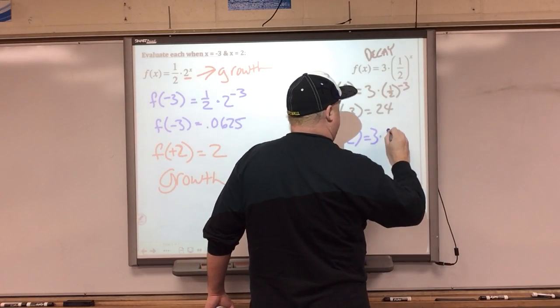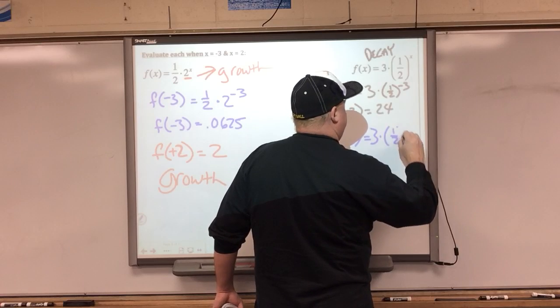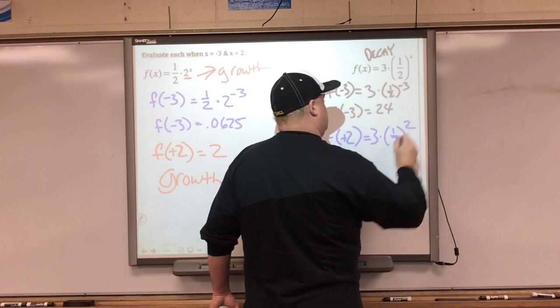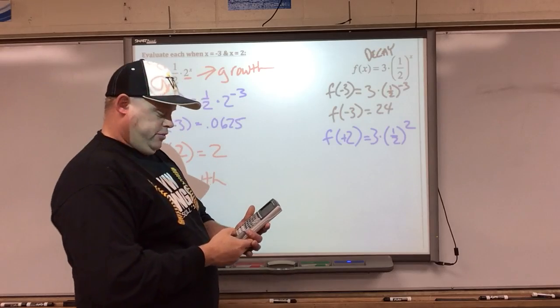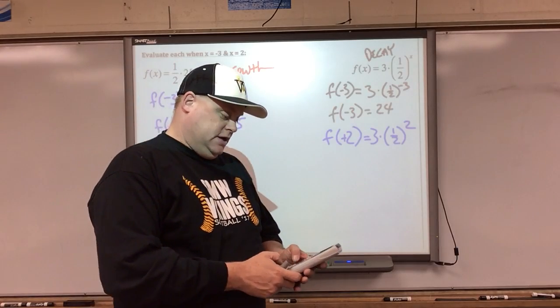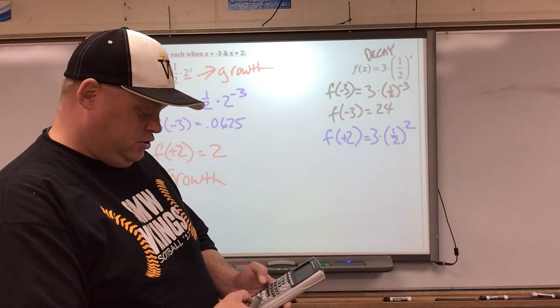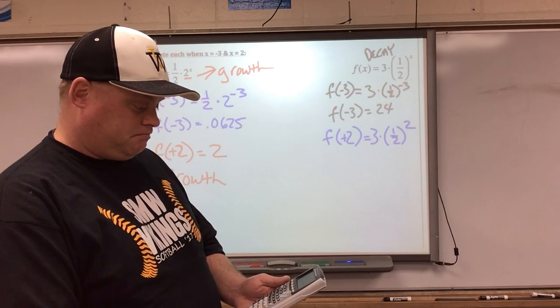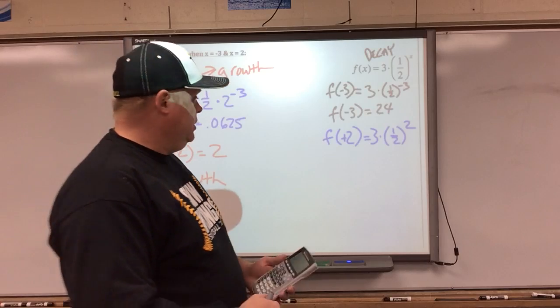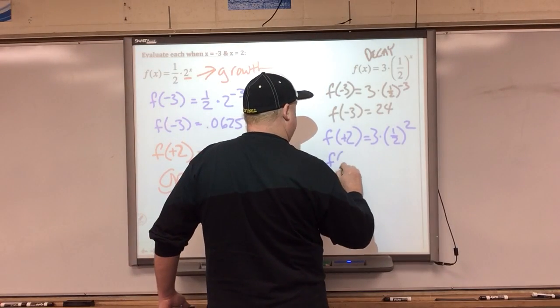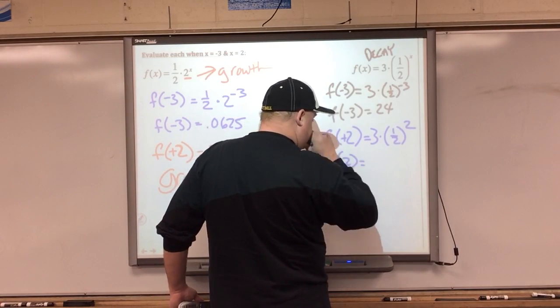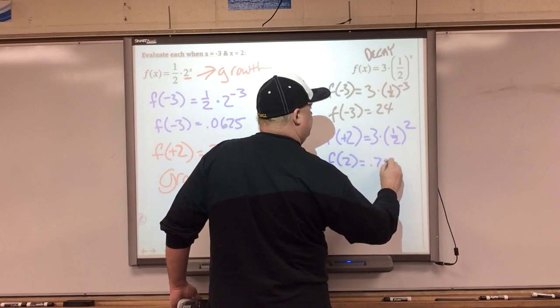So 3 times 1/2 raised to the +2. So 3 times 0.5 raised to the second power is 0.75. So F of 2 is 0.75.